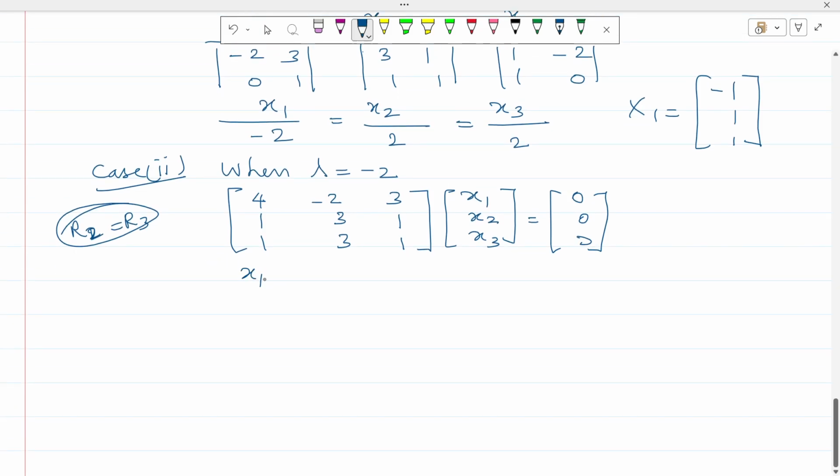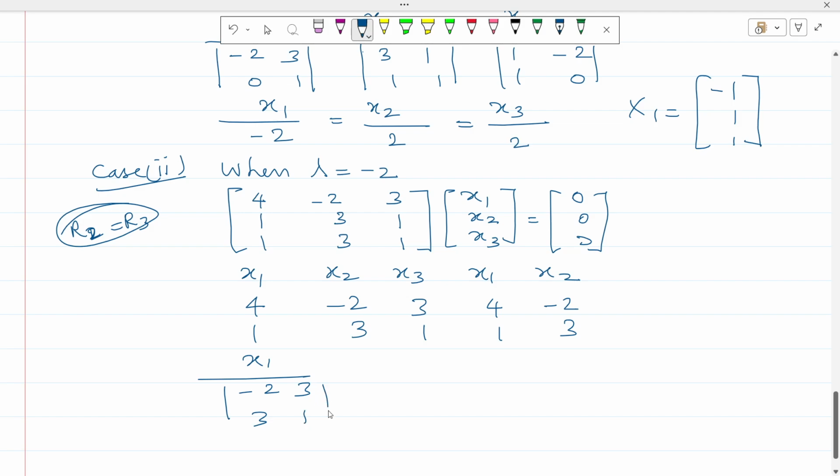Then we can write x1, x2, x3 with the rows 4, minus 2, 3 and 1, 3, 1. To find x1, leave this column: minus 2, 3, 3, 1.